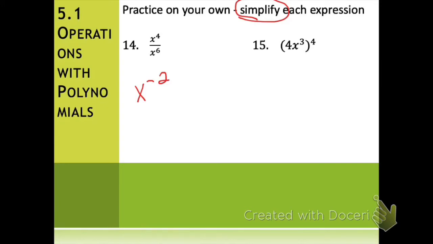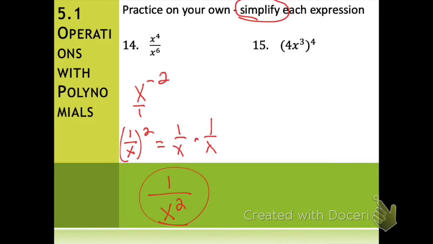So basically we just need to fix that negative exponent. The negative just reciprocates this, so it's actually 1 over x squared, which is just 1 over x times 1 over x, which is 1 over x squared. Done. Another way you can think about this is if you just expanded the original problem.